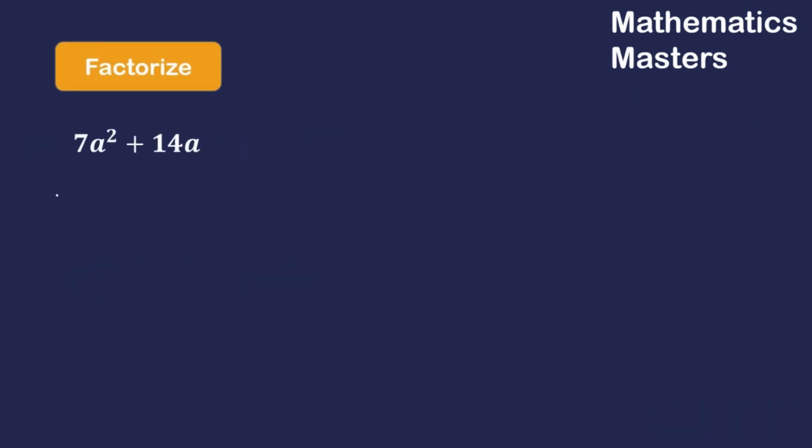Let us try to do one more question: 7a square plus 14a. Now you see that the level of the questions is getting higher, although I should say that these questions are taken from NCERT. Let us try to factorize them. Again, there are two terms.